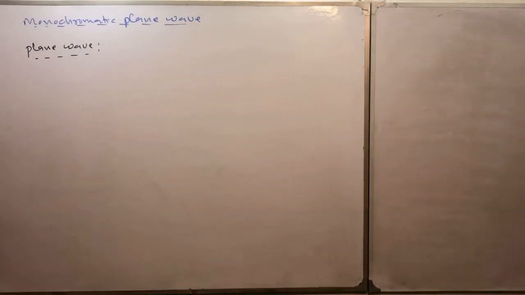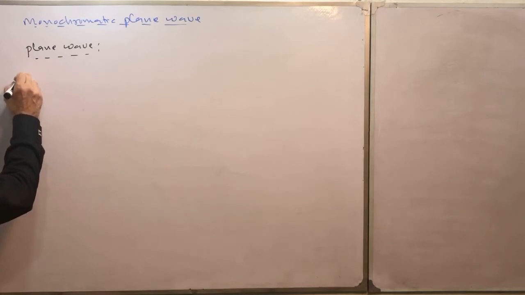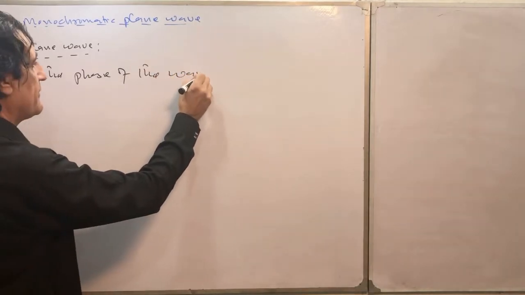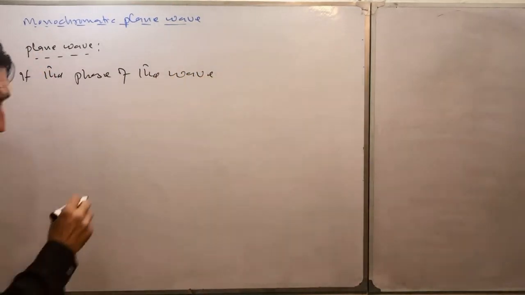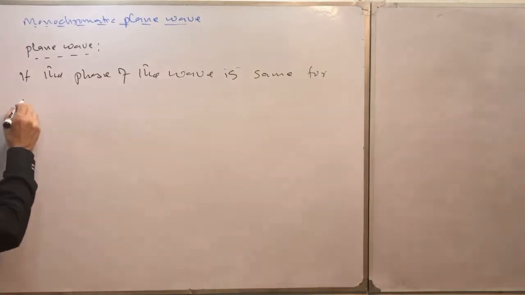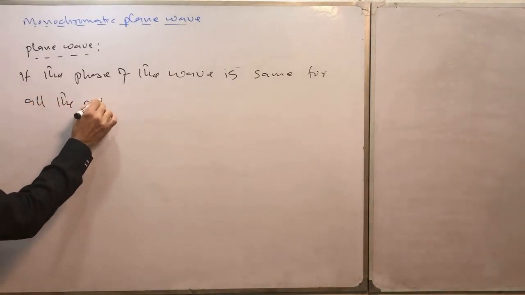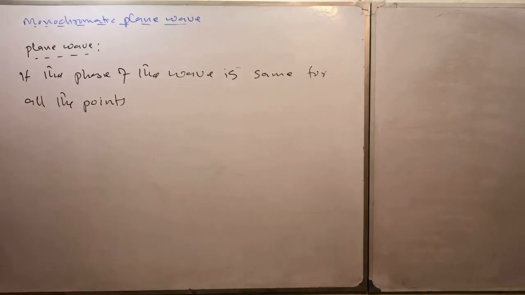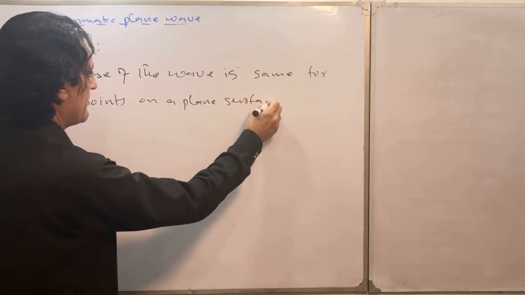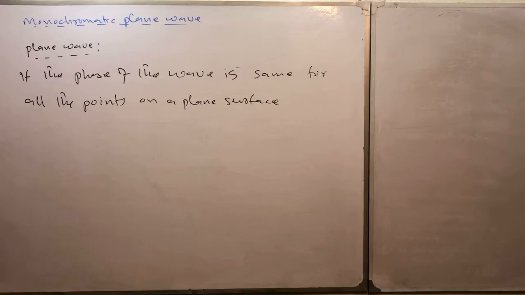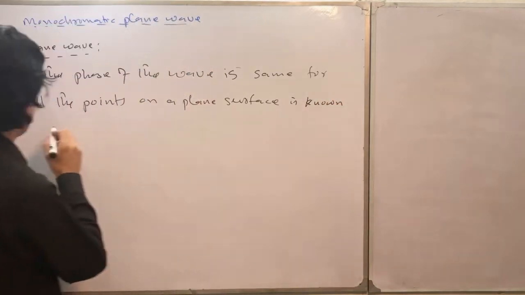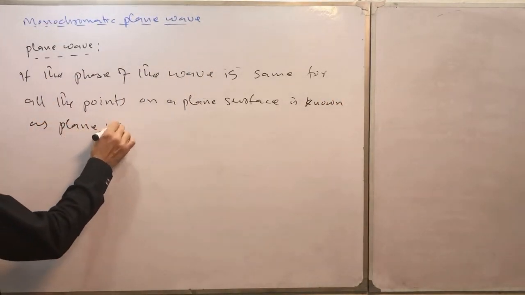A plane wave may be defined as: if the phase of the wave is the same for all the points on a plane surface, it is known as a plane wave.